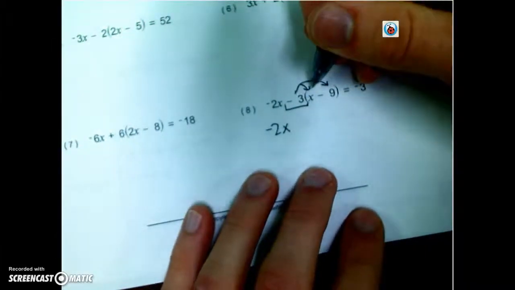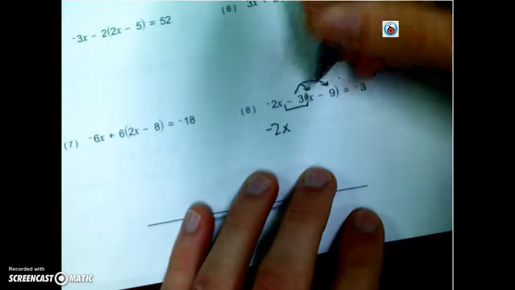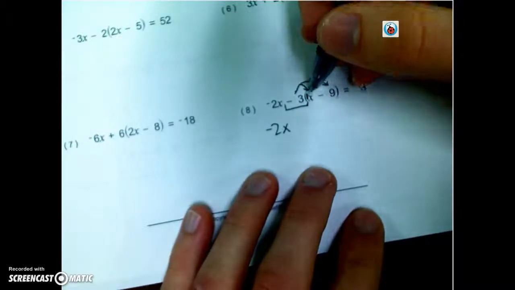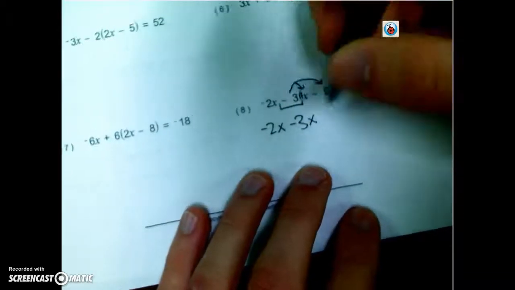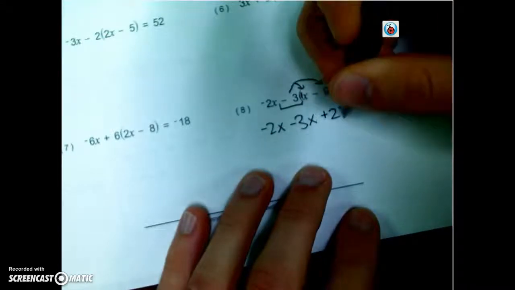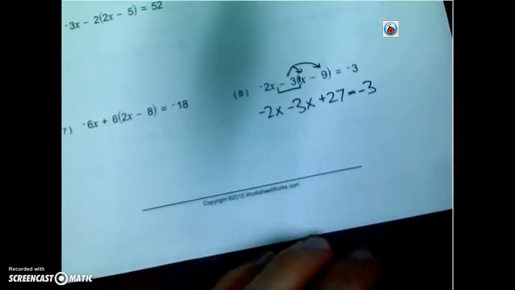Now, negative 3 times an x. We know that that invisible coefficient is 1. The negative 3 times that gives a negative 3x.